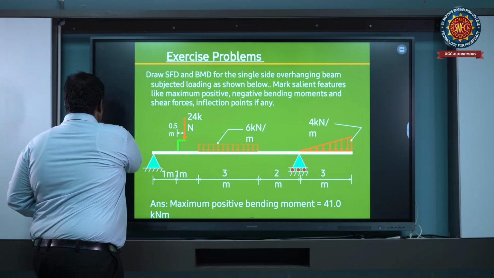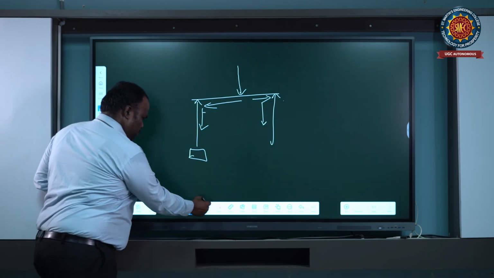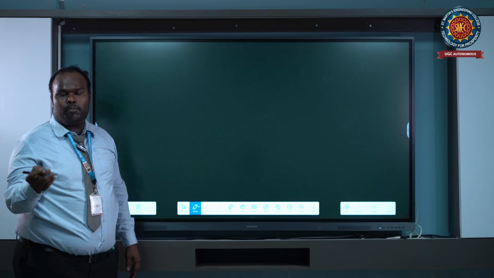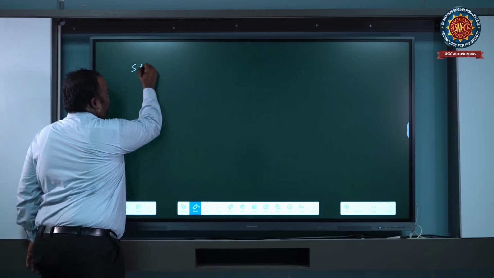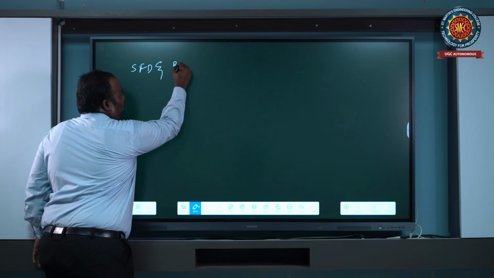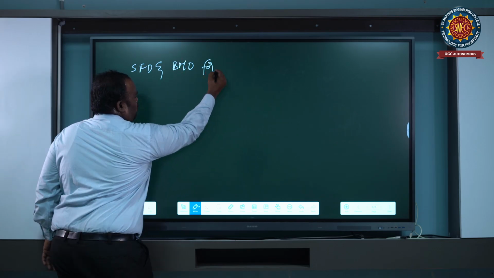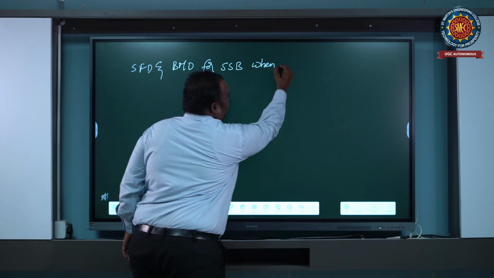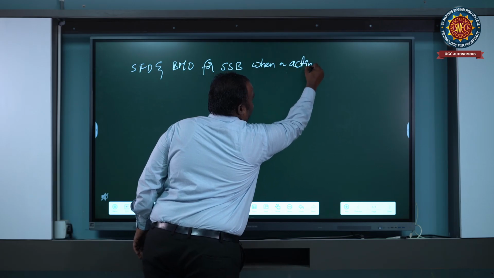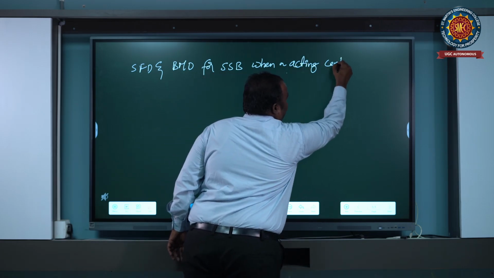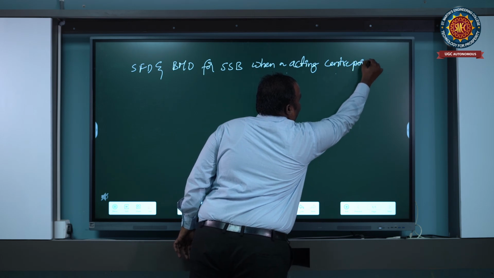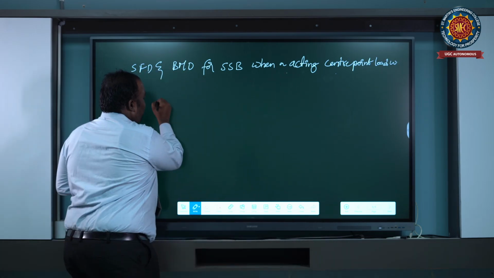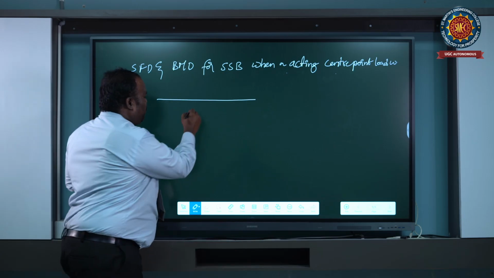Now we derive the shear force diagram and bending moment diagram for a simply supported beam, when acting a center point load W. Now consider the beam length of L meter.